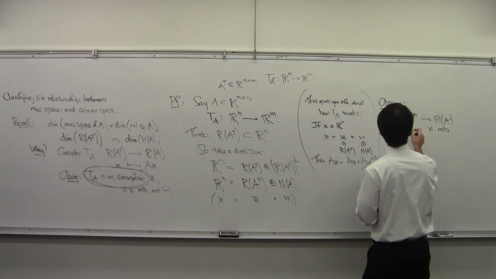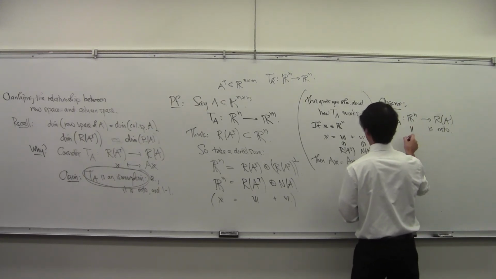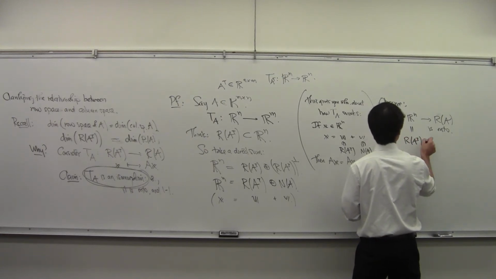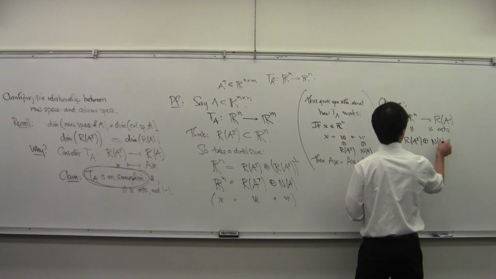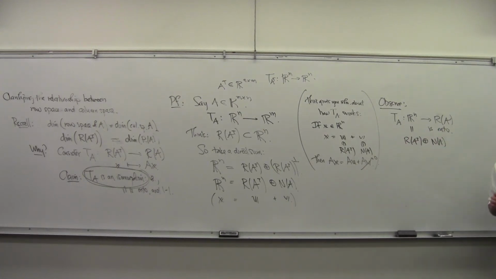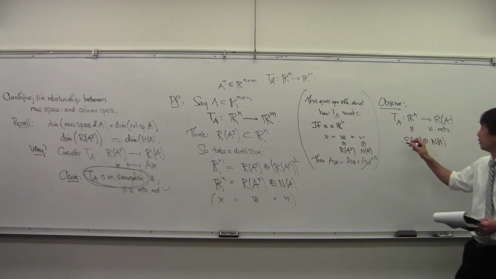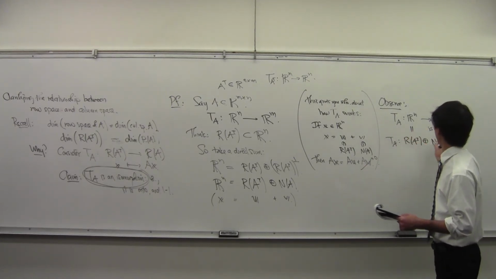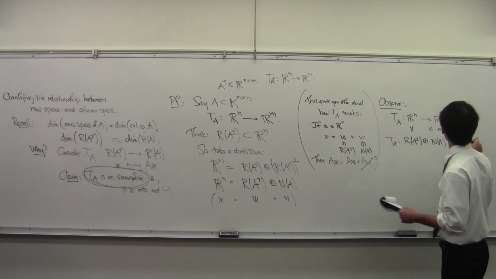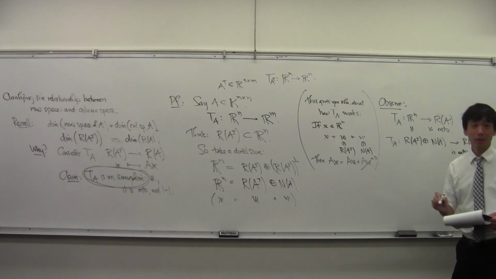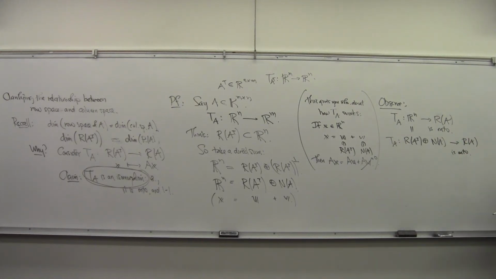Okay, but this Rn, remember, is RA transpose plus the null space of A, as we just said. So this is onto, of course. We've written the same thing twice, as we seem to do a lot.